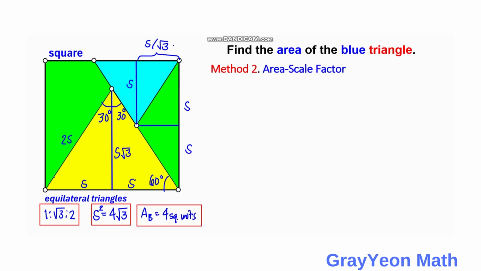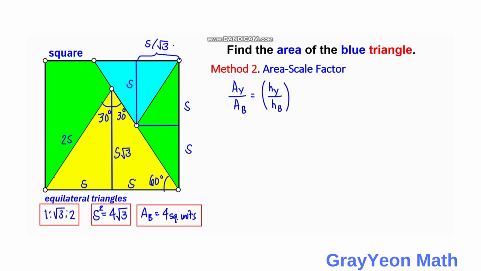For the second method, we are going to use the area scale factor. We need to take note of the ratio of the area. So the area of the yellow is to the area of the blue.